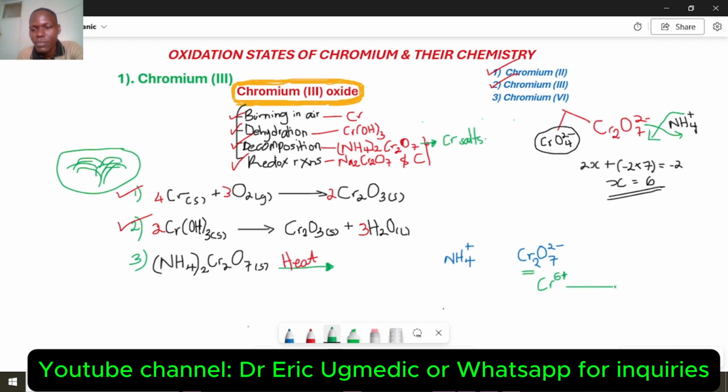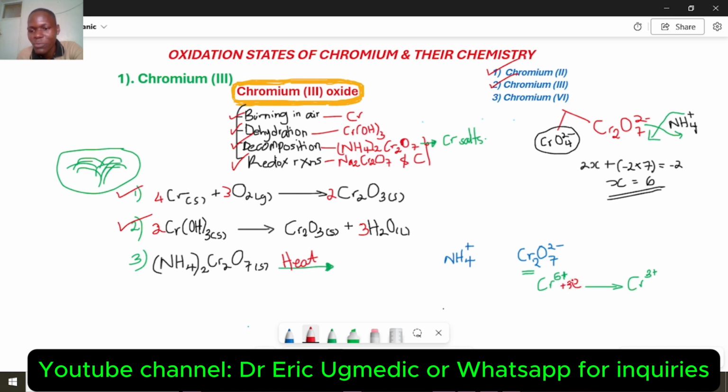So this one will be changing to +3 also. So how does it change to +3? We should have reduction, which means that I'm adding how many electrons? I'm adding 3 electrons. So I must add 3 electrons.